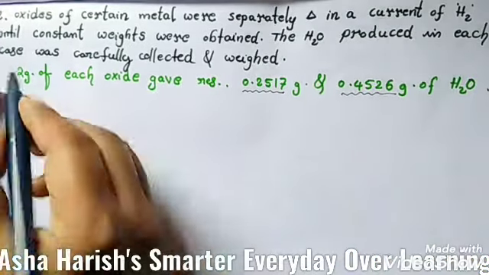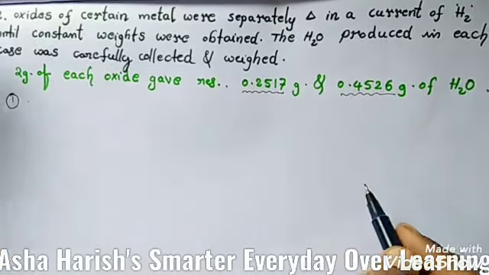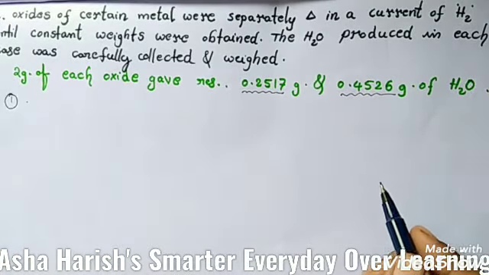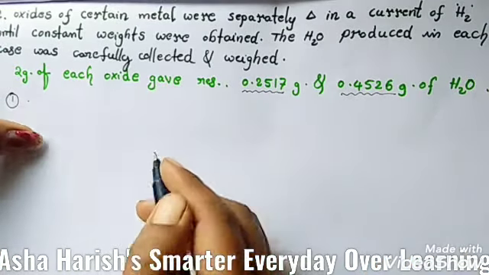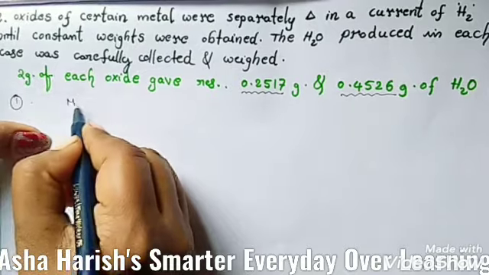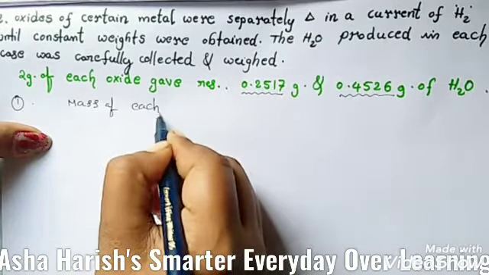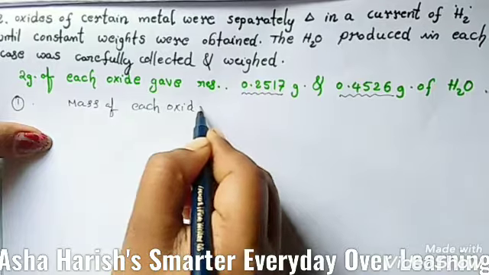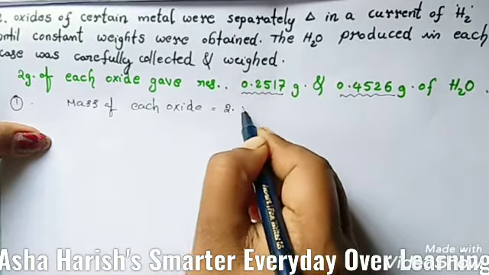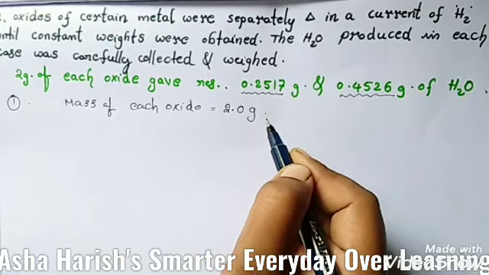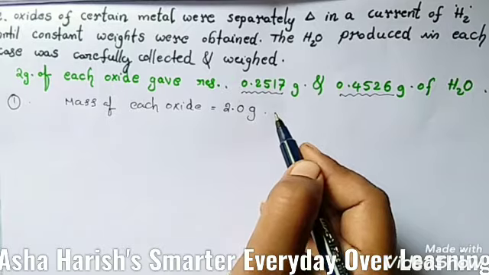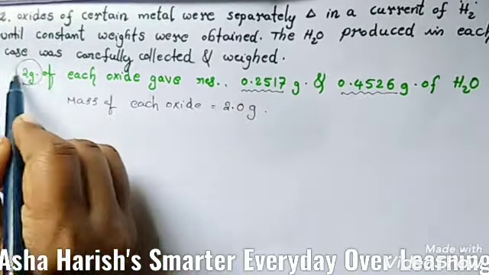In step 1, what we have to do is calculate the mass of oxygen in each oxide. Here we are given the first one, mass of each oxide, which is equal to 2 grams, and here is the 2 grams.